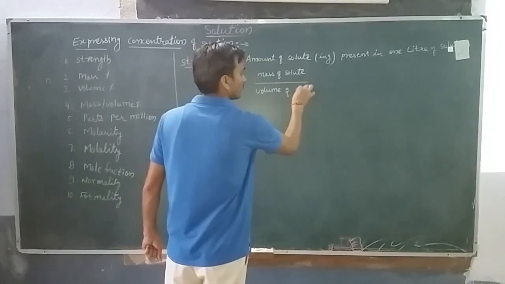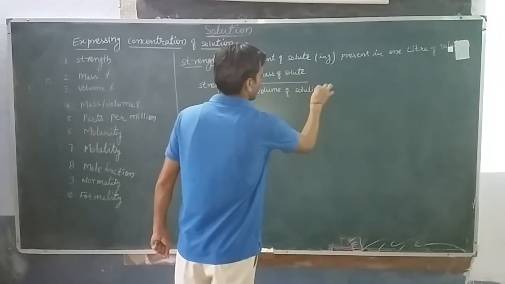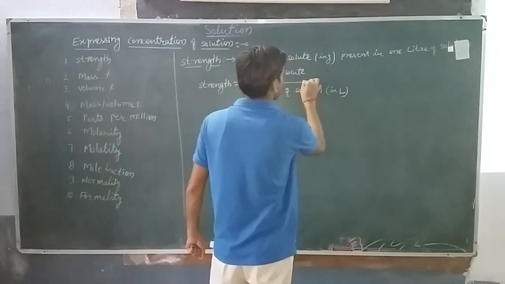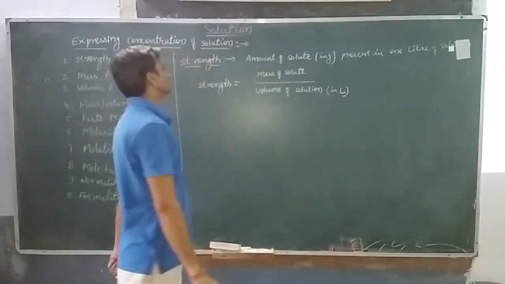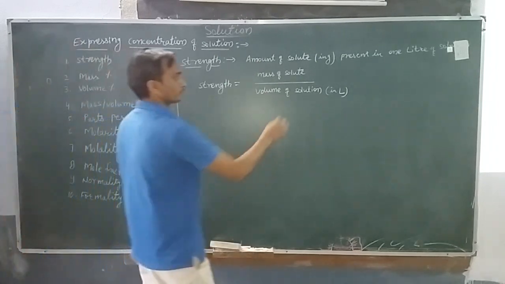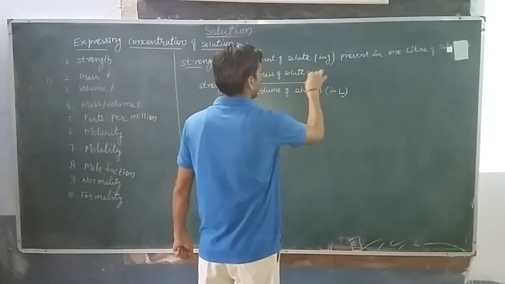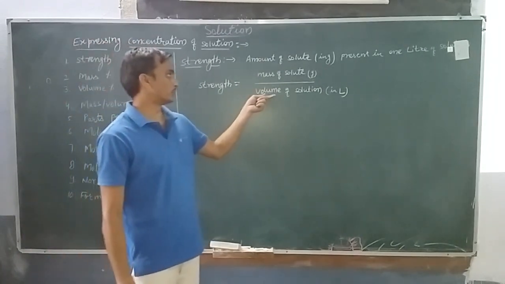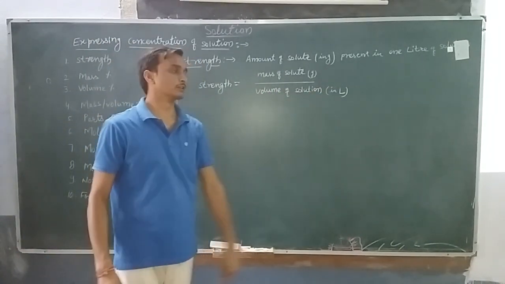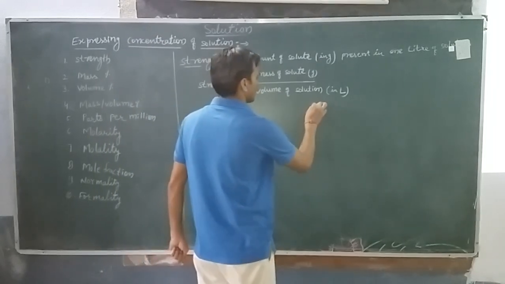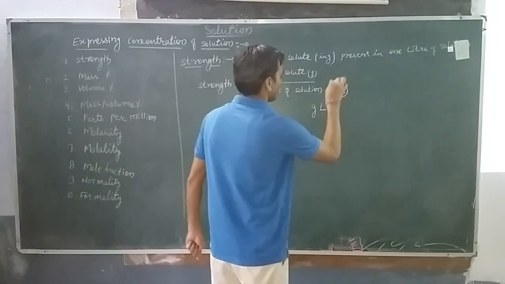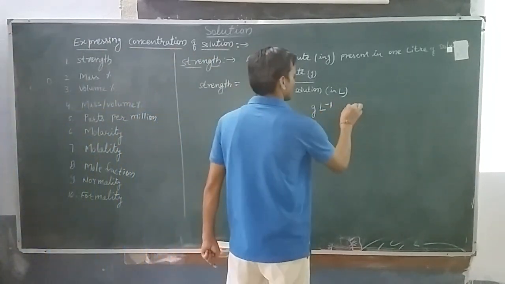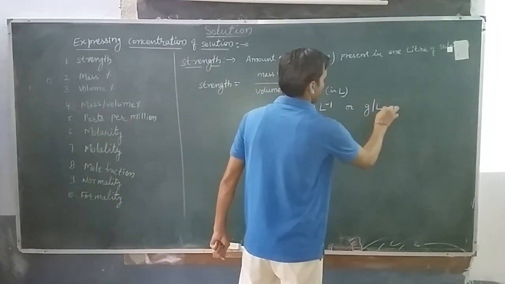Its unit will take the unit of mass of solute in gram and unit of volume of solution in liter. Therefore its units are gram liter inverse or gram per liter.